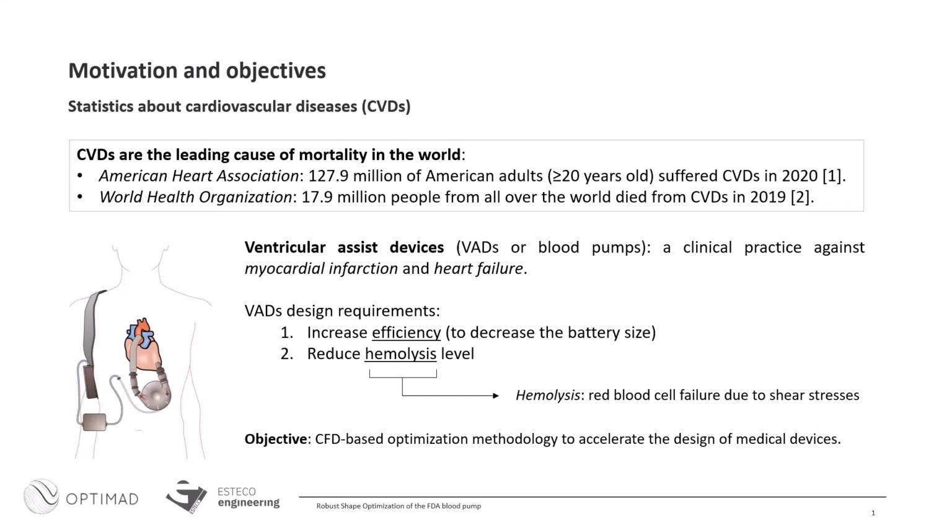At the same time, we want to reduce the risk of hemolysis or blood damage, which is the failure of the membrane of the red blood cells due to shear stresses. So we are responding to the demands of the FDA by showing an optimization methodology in order to accelerate the design of this blood pump.